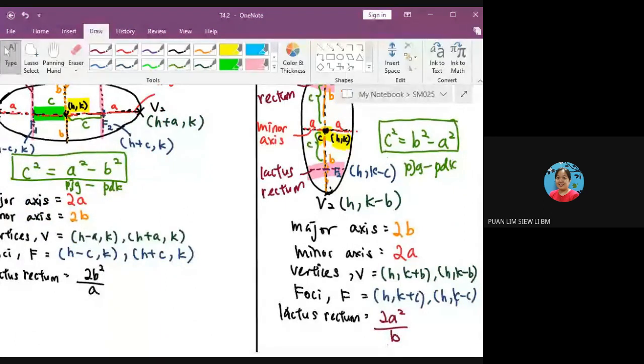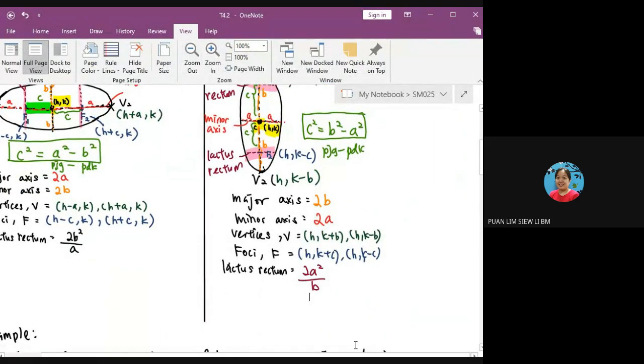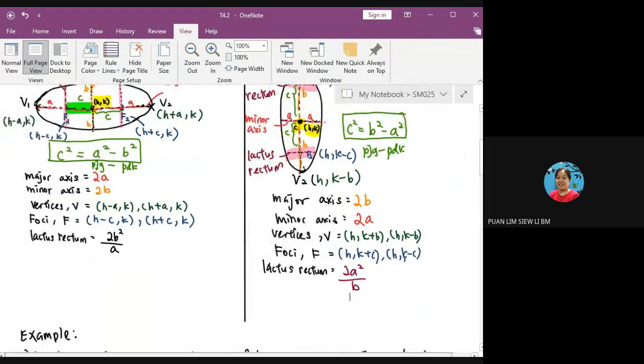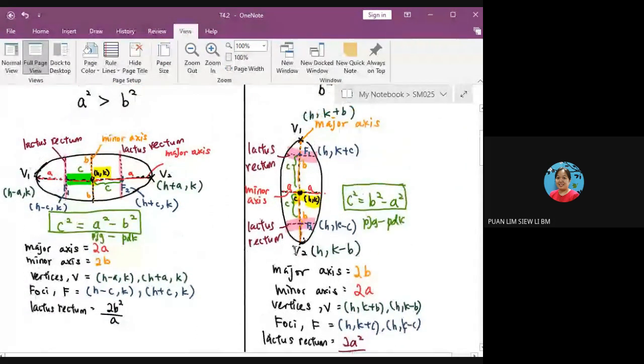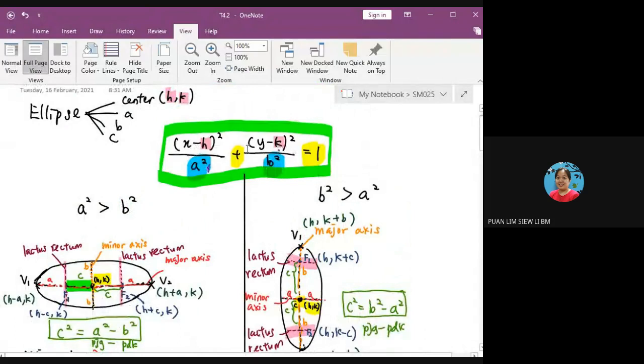Alright. So I kecilkan, you boleh salin. Formula satu saja. So bila kita kembang ini, kita akan dapat balik dia punya general form. So ini adalah standard form dia.